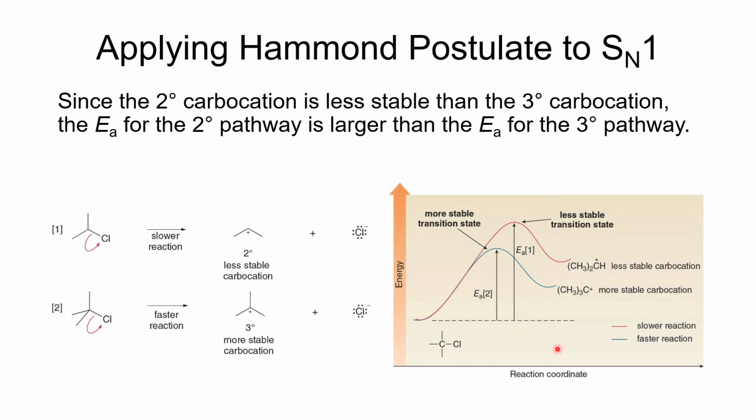If we look at the reaction coordinate diagram, we will see that for our tertiary, we have a lower energy of our intermediate, which is the product of that step. That makes it have a lower transition state energy and thus a lower activation energy. The secondary is higher in energy, therefore it has a higher transition state energy and also a larger activation energy.